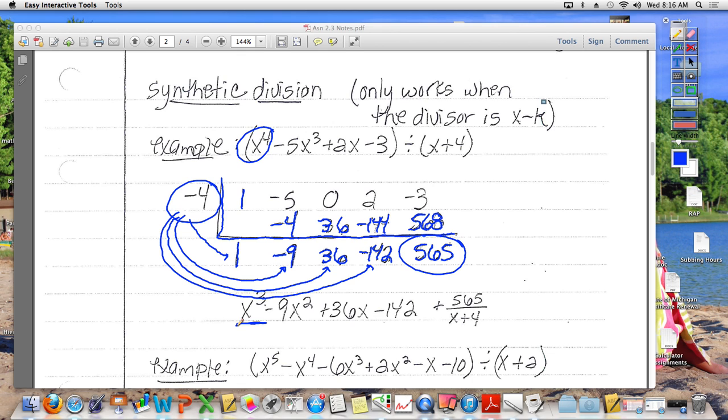All right, so your answer here is going to be 1x cubed, minus 9x squared. Then this 36 means plus 36x. And then we have a minus 142, and then the number at the end is 565 divided by this thing right here, divided by x plus 4.